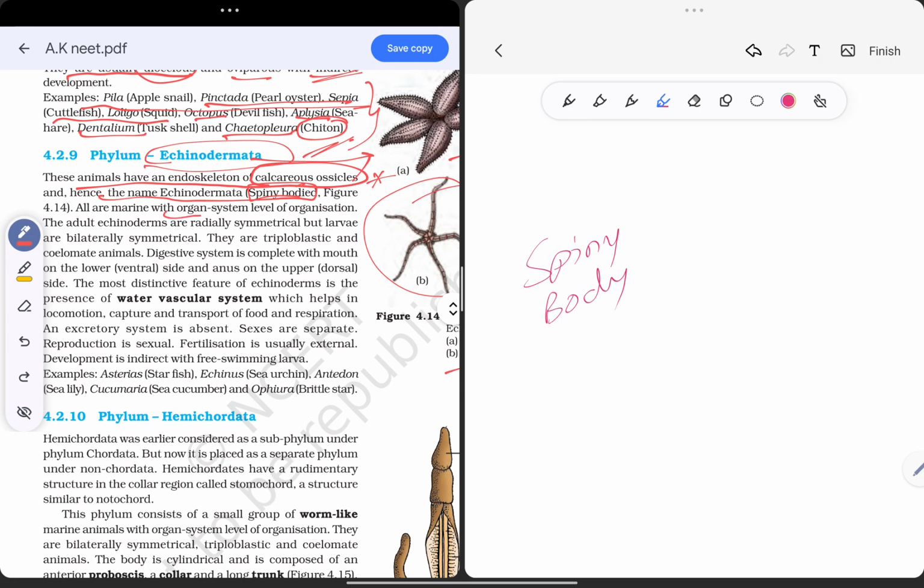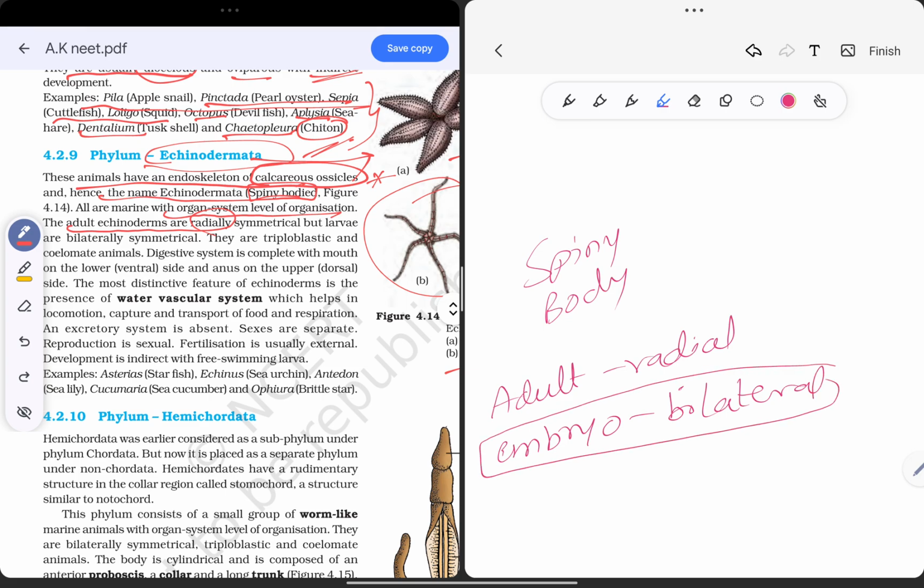All are marine with an organ system level of organization. The adult echinoderms have radial symmetry. The embryo has bilateral symmetry. So if they ask in the question what kind of symmetry is present in Echinodermata, you should consider the embryo stage and say bilateral symmetry and not radial.